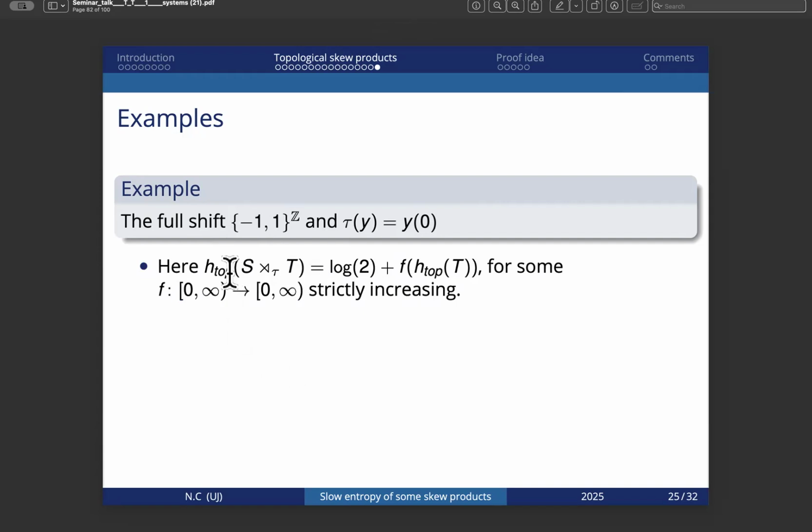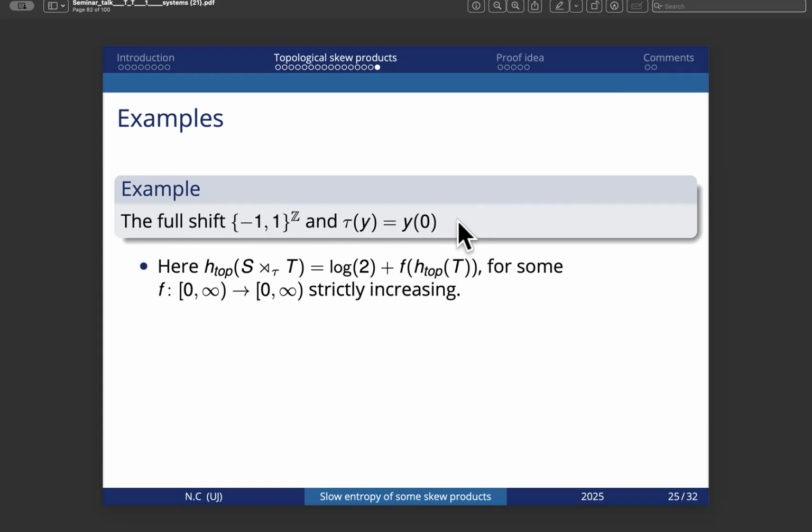Before, when we looked at this same object as a product of measure preserving systems with the product measure and computed the measure theoretic entropy, there was only log 2. But now, if we compute its topological entropy, there is something that depends on the fiber.